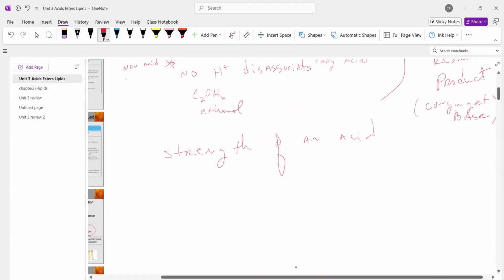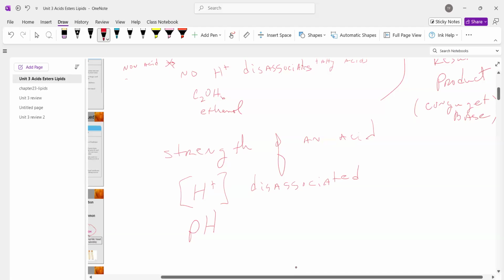The strength of an acid is measured by the concentration of the hydrogen ion or proton disassociated. And all of you are familiar with pH.